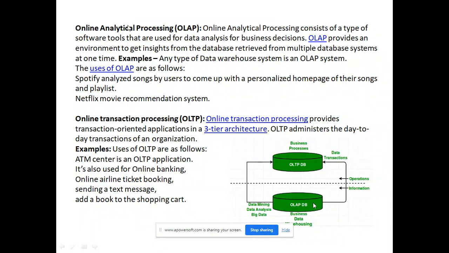I already told you about online analytical processing and online transactional processing. Online analytical processing is the processing of historical data for analytical purposes. For example, say you have Netflix. You search for a few movies, and the next time you log into Netflix, you get some recommendations from the system.